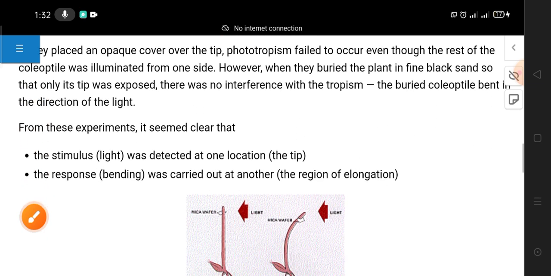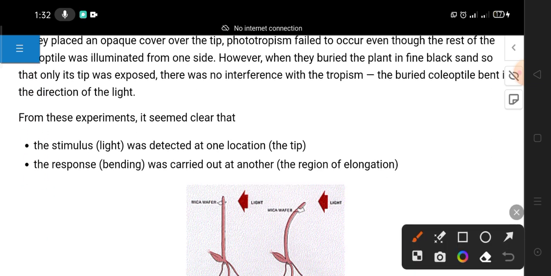From this experiment, it seemed clear that the stimulus, light, was detected at one location, the tip, while the response, bending, was carried out at another, the region of elongation.